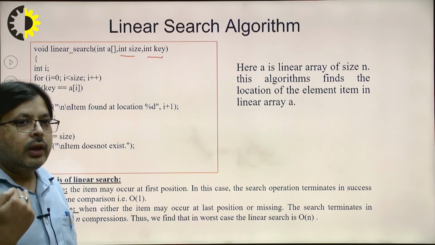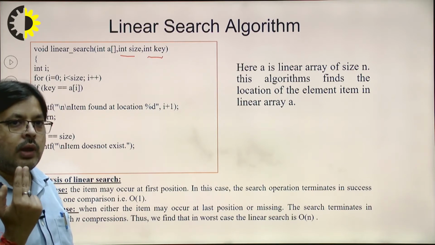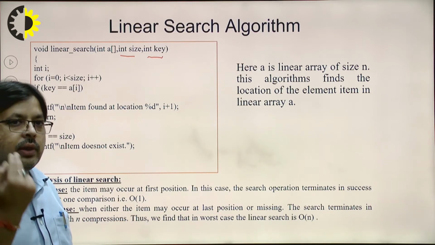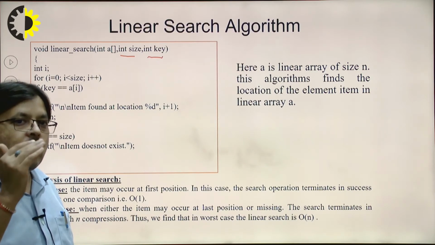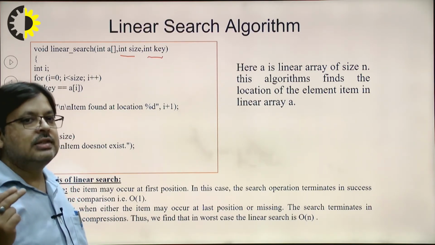Now suppose there are two possibilities. One, when a particular element is found, then return is encountered and the function terminates. Otherwise the whole for loop continues till the size of the array.